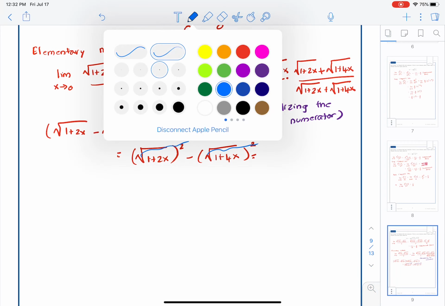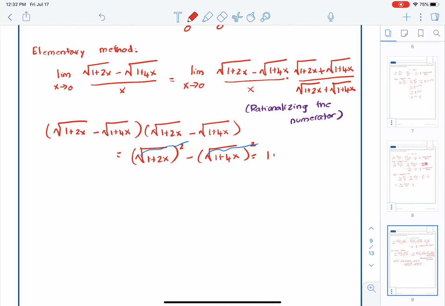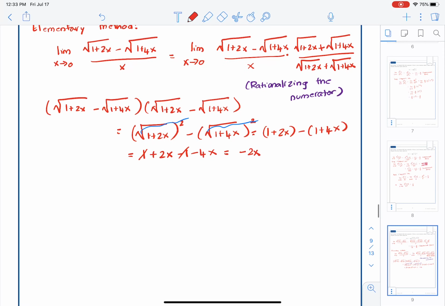So we would be left with 1 plus 2x minus 1 plus 4x. That would give us 1 plus 2x minus 1 minus 4x. The ones would go away. 2x minus 4x is minus 2x. So we've rationalized the numerator.